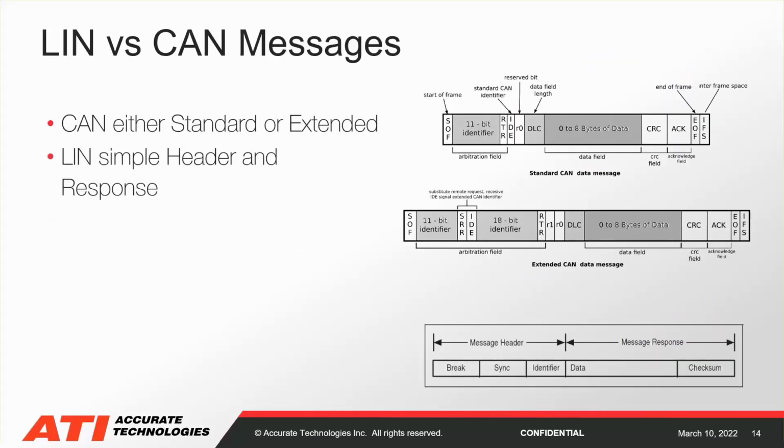As Adam mentioned earlier, there is a significant difference in the way CAN and LIN have their messages configured. Here again we see a much smaller data field, a very small arbitration field, and of course there is no arbitration in a LIN message.